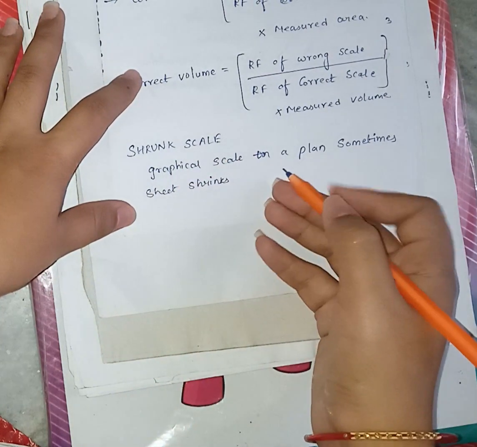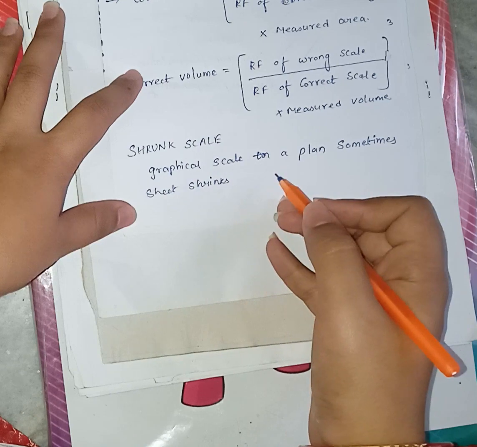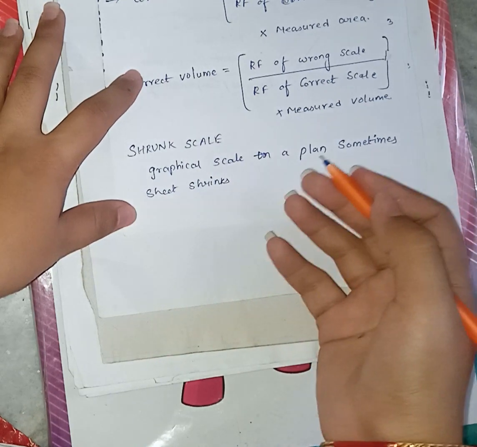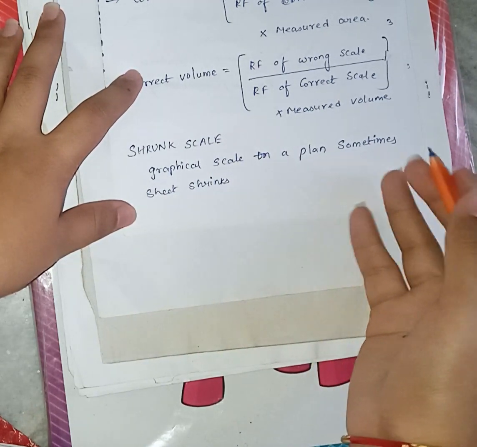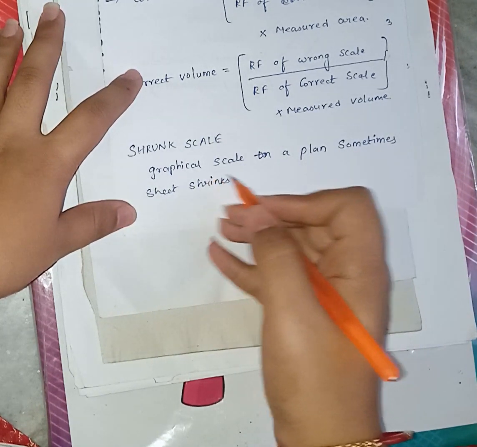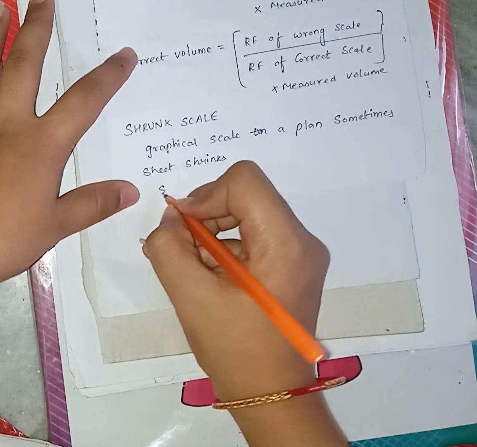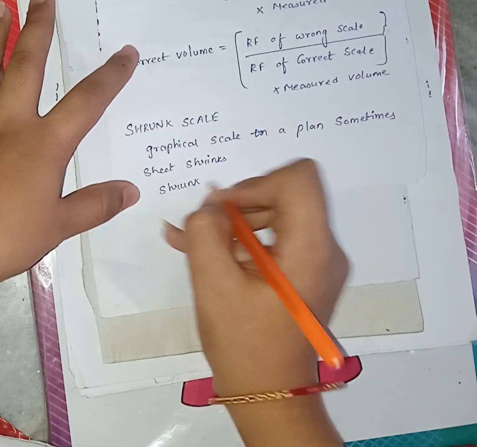Whenever we are drawing some graphical scale on a plan or a map, sometimes the sheet shrinks due to some atmospheric conditions. Whenever the sheet shrinks, the resulting scale is known as a shrunk scale. So what is the formula for shrunk scale?